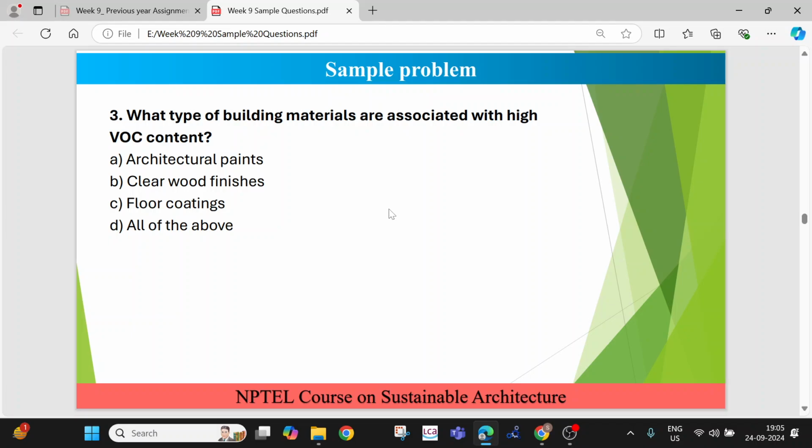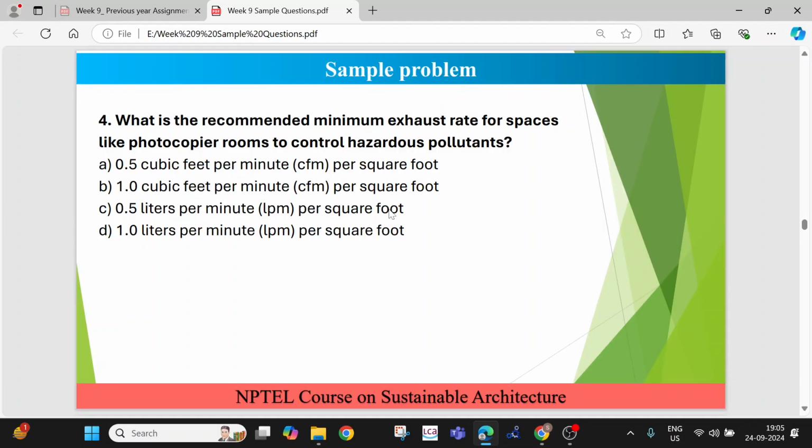Yes, sir. Okay. So here is question number 4. I think this is also given in your assignment questions of week 9. So if you have completed the assignment, then you would be able to answer this question, which is similar to that.